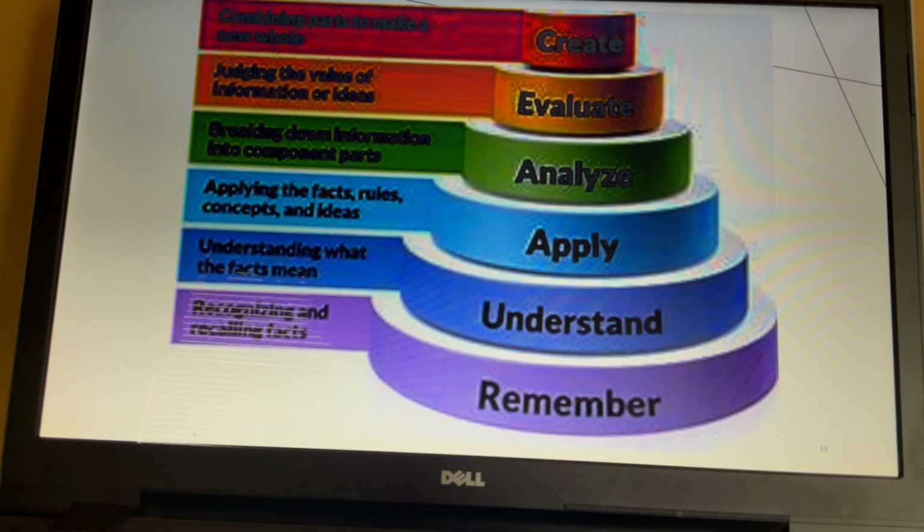And then at the very top, they can take all of those ideas and facts that they've learned, combine them, and create something brand new. That's where we want to get our students, because creating requires all of us to be able to move through all the levels of Bloom's taxonomy.